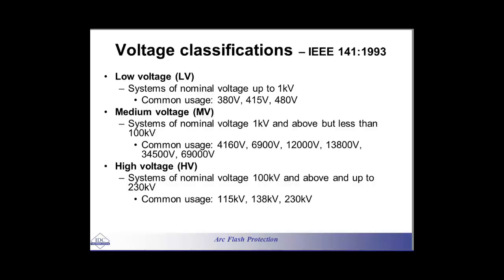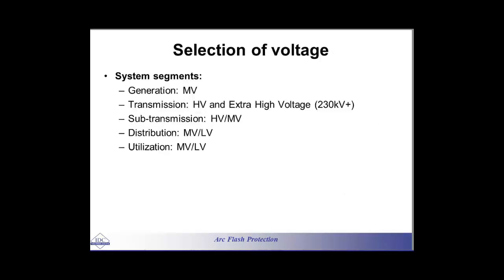Therefore, it must be between 1 kV and 100 kV. Like the examples that you can find here, 6.9 kV, 12 kV, 11 kV, 13.8 kV, 69 kV. So these are examples of medium voltage that are widely used in industry especially, right?